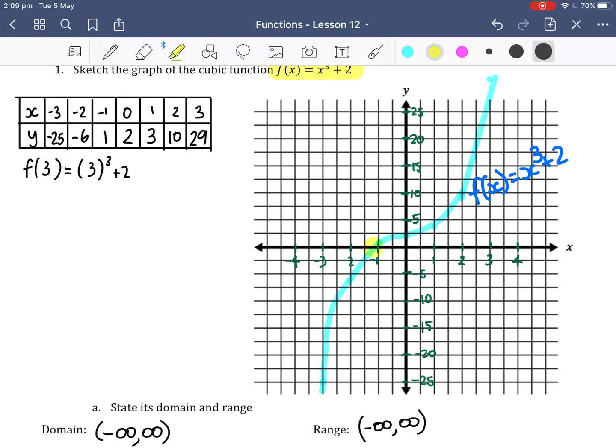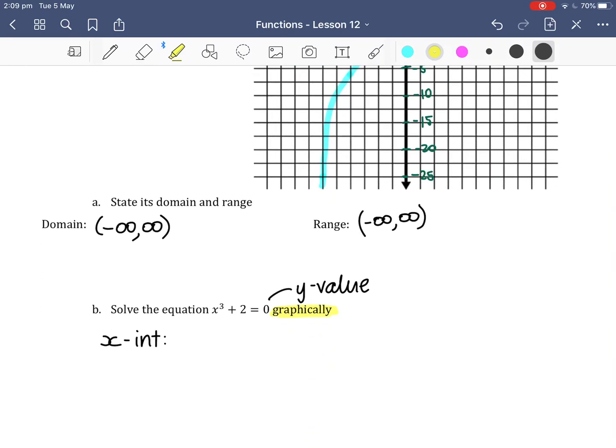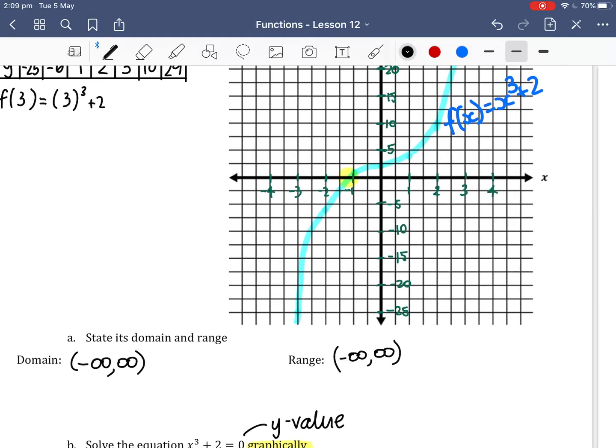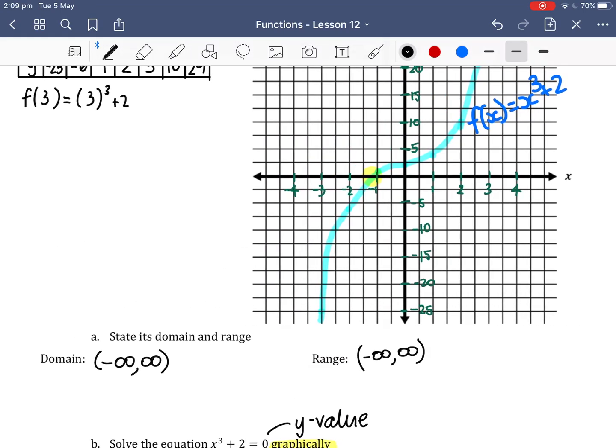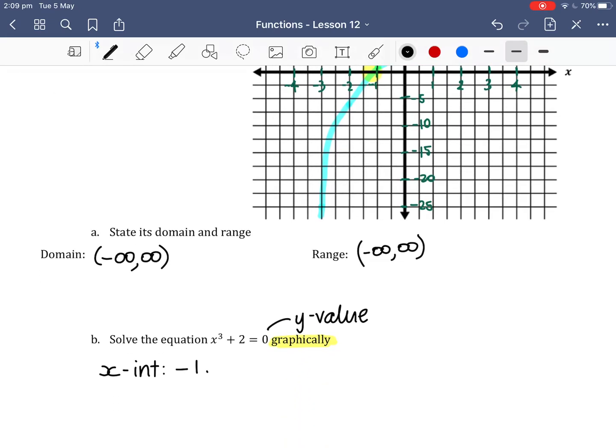Now, because it is just a sketch of our graph, we do have quite accurate x and y axes, but what we need to do is we just want to see approximately where that point is. So approximately that point is -1 point something. So it's just a bit greater than -1. So I'm going to say that it's like -1.2 that it crosses through.